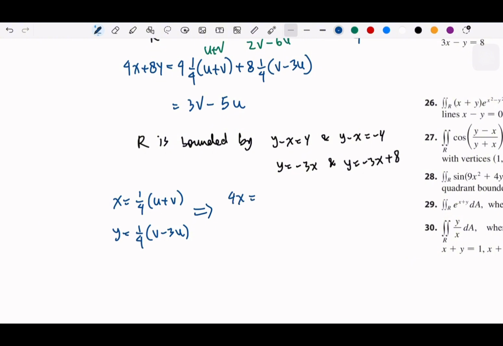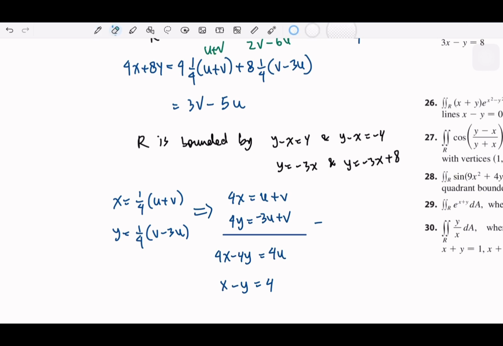This becomes u plus v for y. I will write u first and then plus v, and I will subtract this 2. 4x minus 4y is 4u, or x minus y is 4. Okay, and then y is 4.